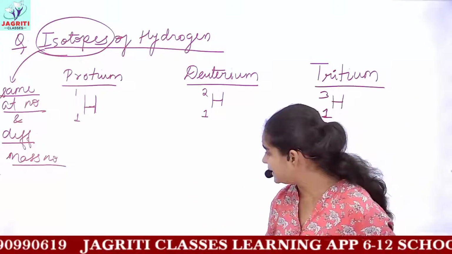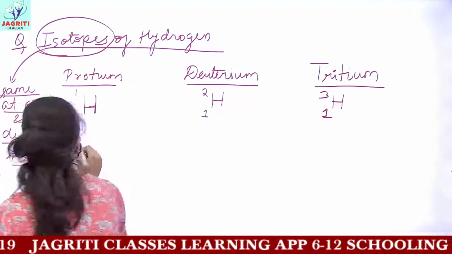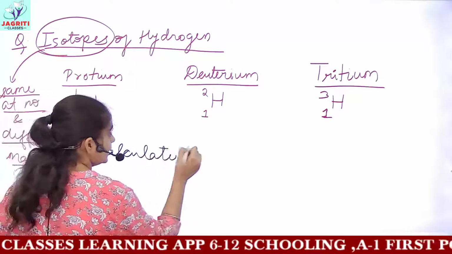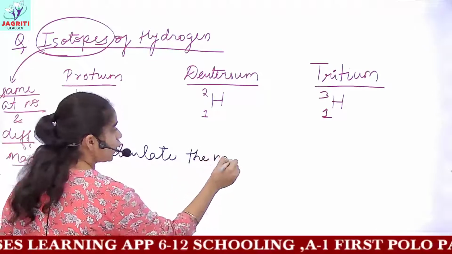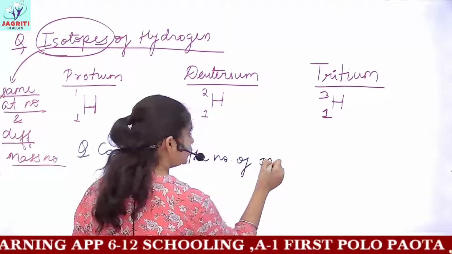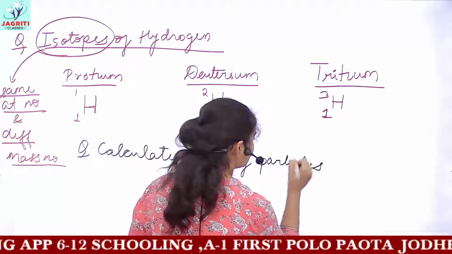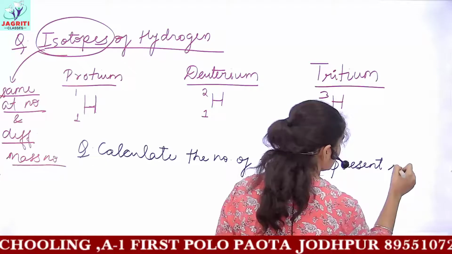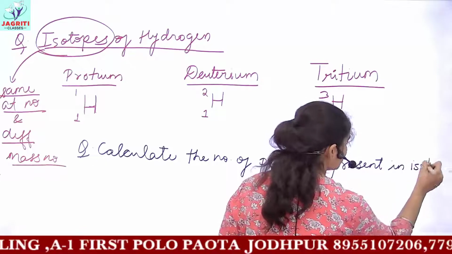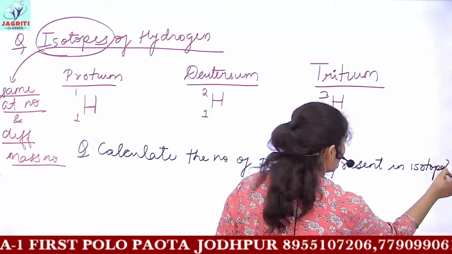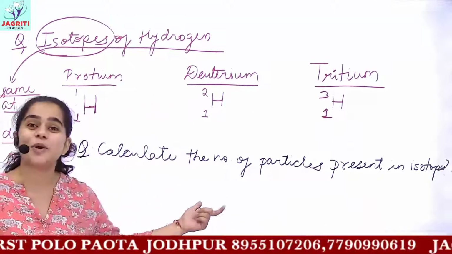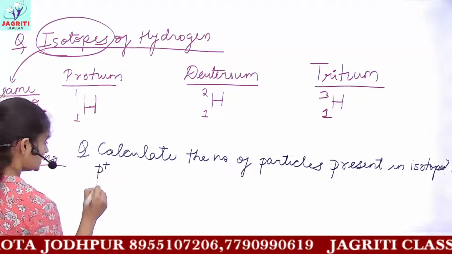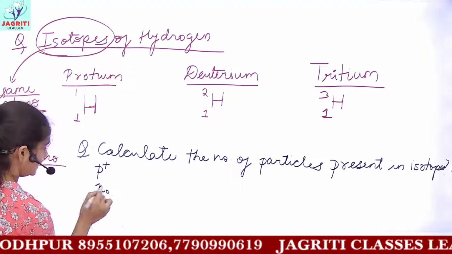Now the question arises in the exam: calculate the number of subatomic particles present in these isotopes of hydrogen. And we all know what subatomic particles are. You have three kinds of subatomic particles: protons, neutrons and electrons.